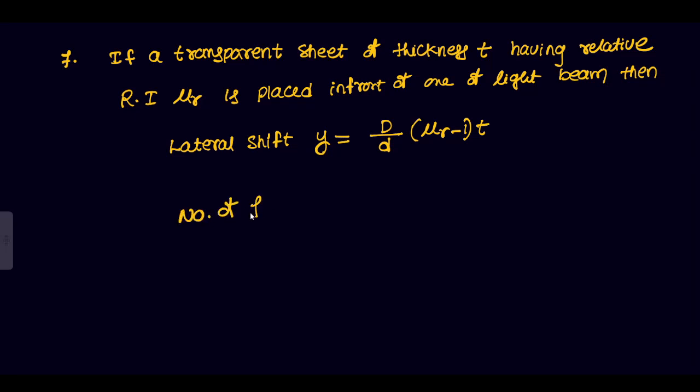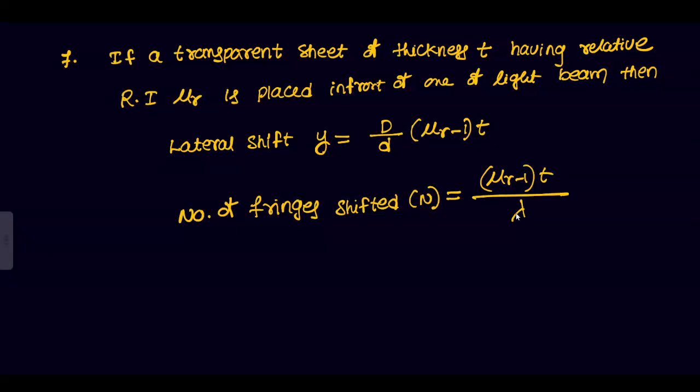The number of fringes shifted, n, equals mu r minus 1 into t by lambda.